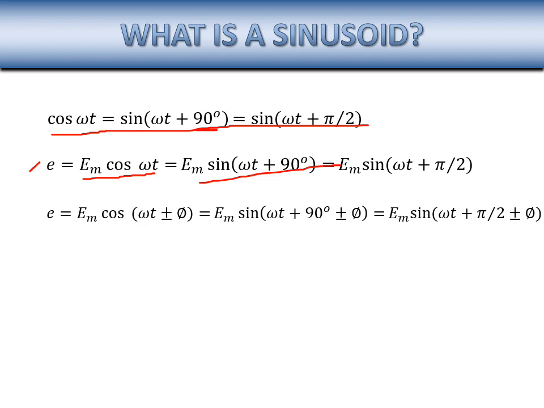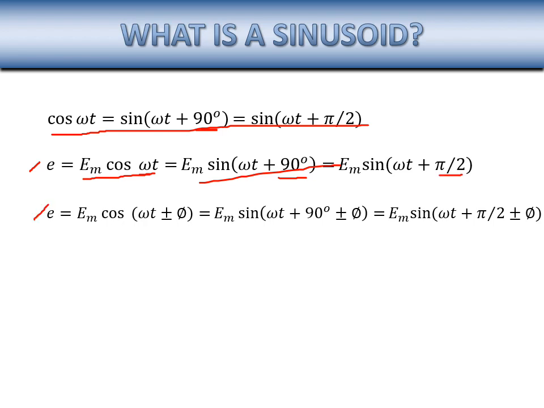Here we have an expression where, if it is expressed as a cosine function, the phase angle is 0, but once we express it as a sine function, there appears a phase angle of 90 degrees or pi over 2 radians.